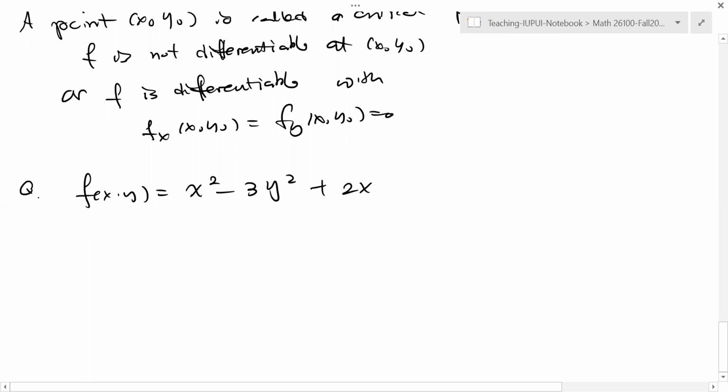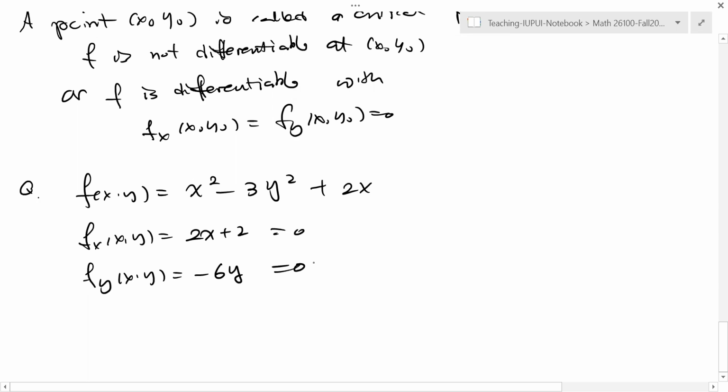This function is always differentiable, so if the partial derivatives are 0, then you get a critical point. The partials are 2x plus 2 and negative 6y. If we set these to 0, x equals negative 1 and y equals 0.